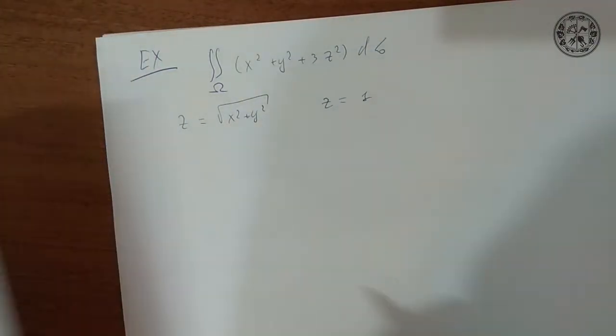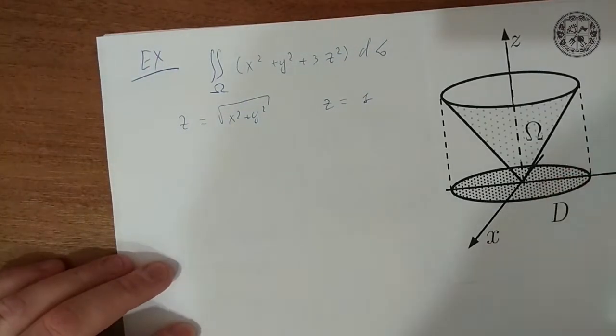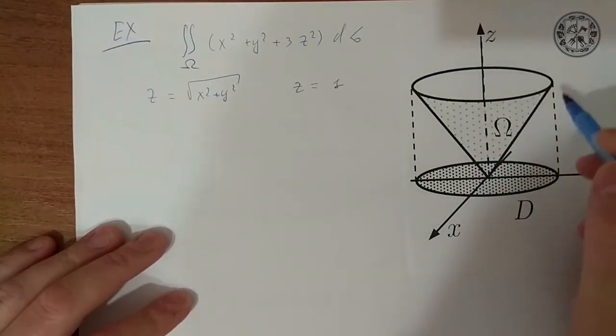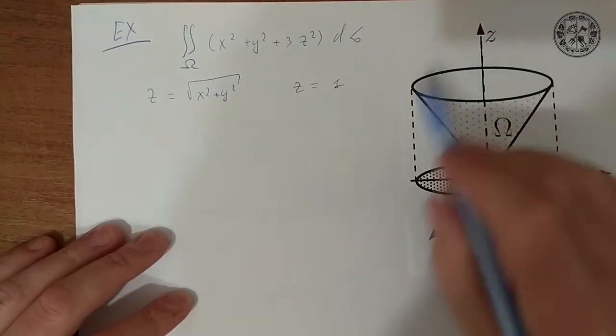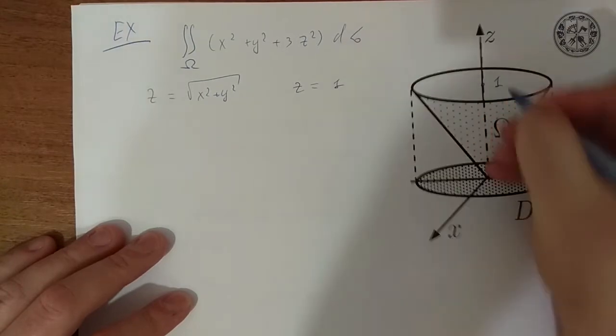We will have something like that. So we have a cone and it is cut above by z equals 1.